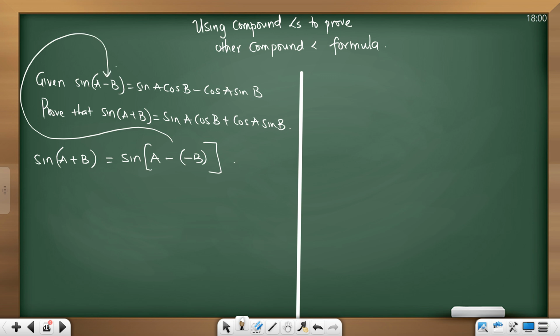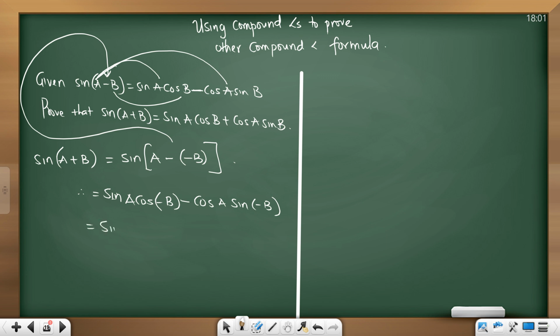Do you see? So I'm just going to follow this formula. Therefore, it is then equal to what? Do you notice the A comes first? So what do I have? Sine A cos. It's supposed to be B here, but it's going to be negative B. Minus, I'm following my sign here. Cos A, sine of negative B. Remember your negative angles.